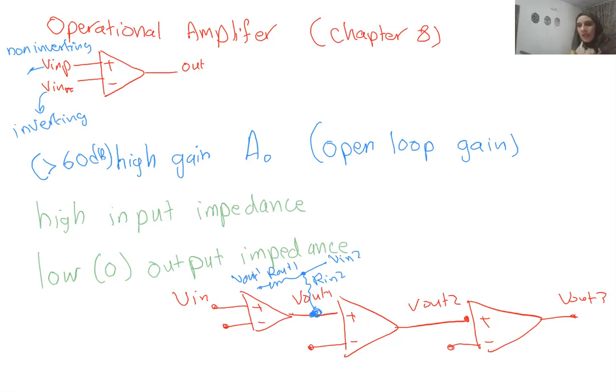As an input, I want to grab all the signal from my previous stage. On the other hand, why should the output impedance be low? For the same reason, so that I don't keep the output with me, I give it to the stage following me. Thinking of it as a voltage divider will simplify it. We want to give all the output to the next stage. That's why we need lower output impedance and large input impedance.